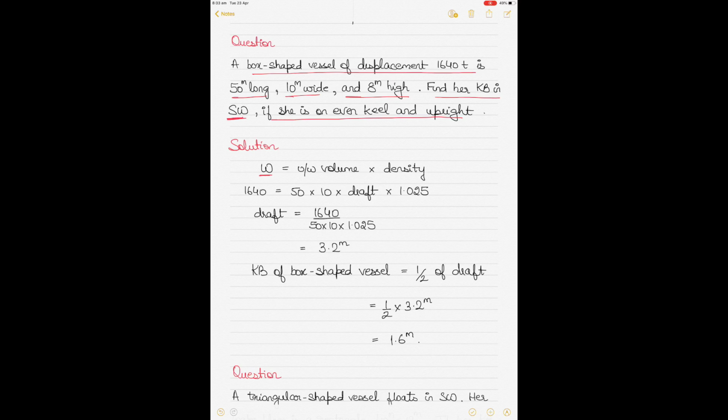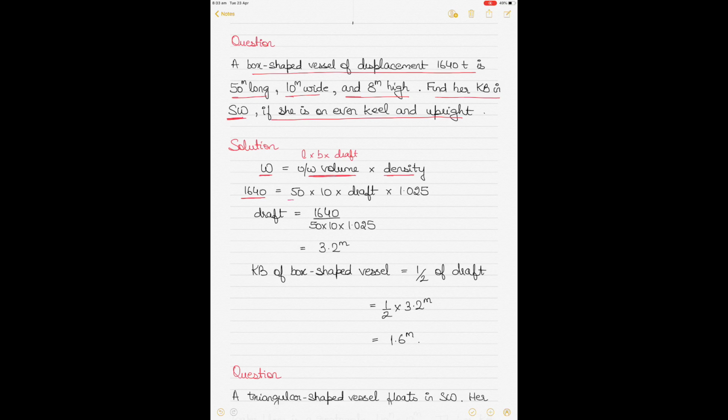Displacement equals underwater volume of the vessel multiplied by density. Displacement is given to us as 1640. The underwater volume is always length by breadth by draft. It's not by height, it's length by breadth by draft when you're talking about underwater volume, because the draft indicates the underwater volume's height. Otherwise the height indicates the whole height of the vessel.